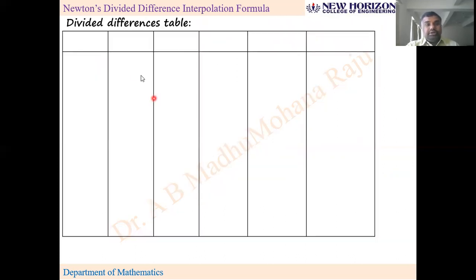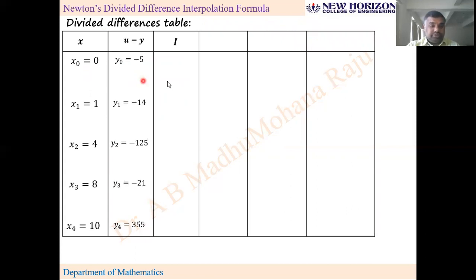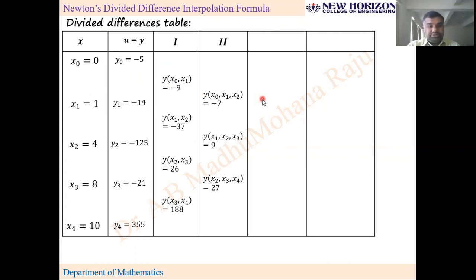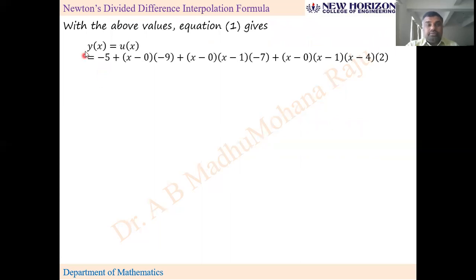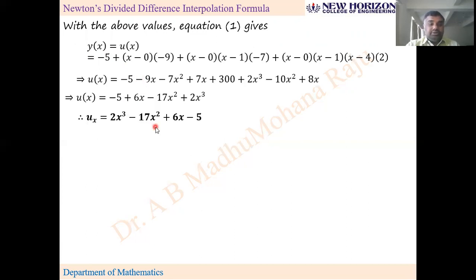We have to take the divided differences table: x values, u equal to y values, first order differences, second order differences, third order. Both are the same, so fourth order is not required. With the above values, equation 1 gives y of x equal to u of x, the polynomial. Then if you want any particular value, you can substitute.